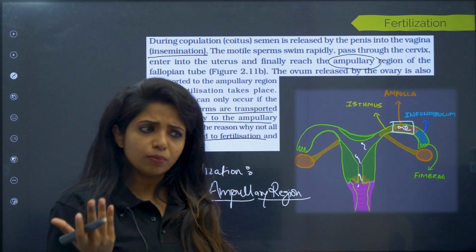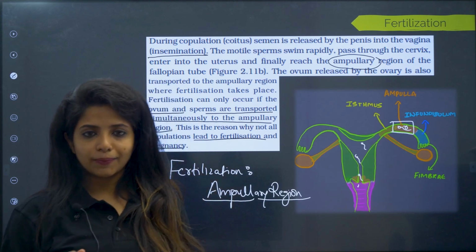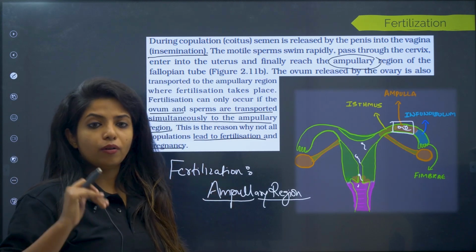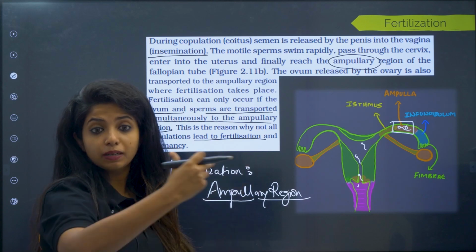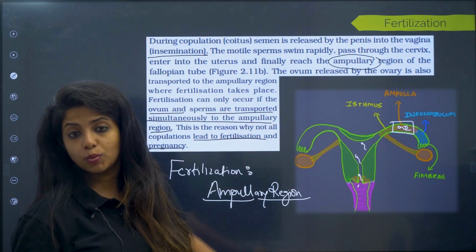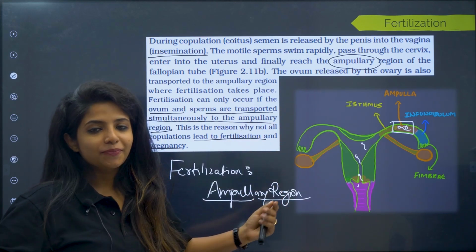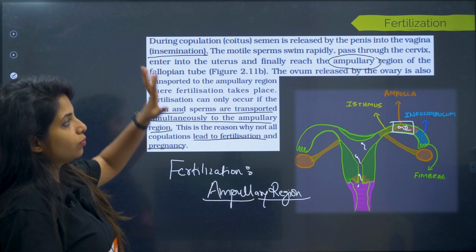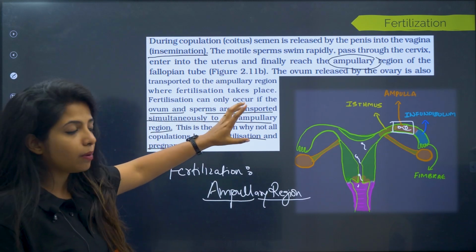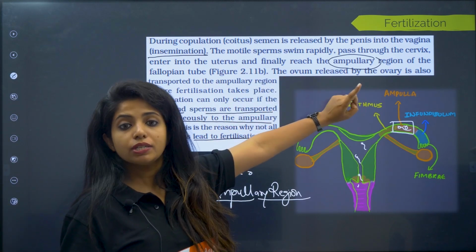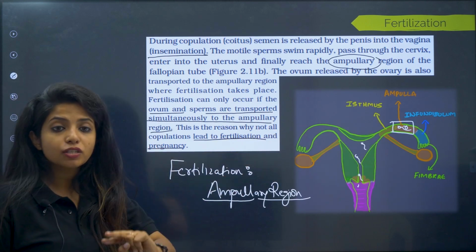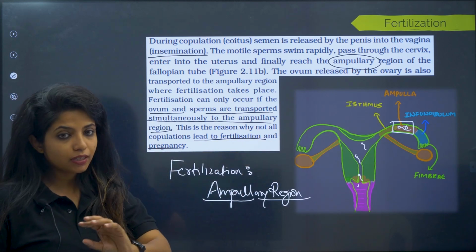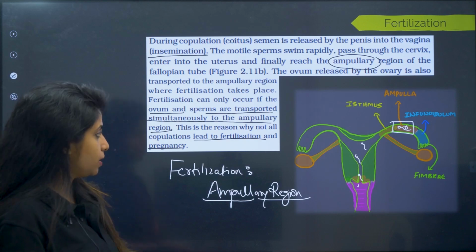Because at this point of time, probably the woman might not be ovulating, or probably the sperm might not have reached the exact spot as well. So either way, I hope this is clear to you. The only major thing that you need to remember is the site of fertilization is the ampullary region, and also the sperm and the egg have to reach there simultaneously. Then only fertilization can take place.